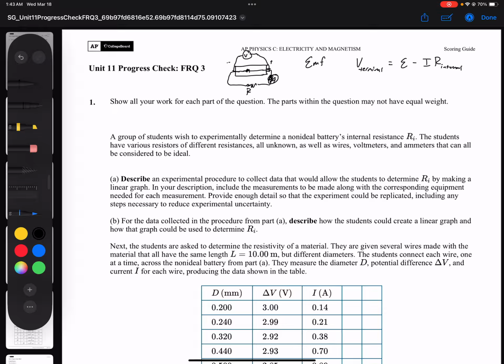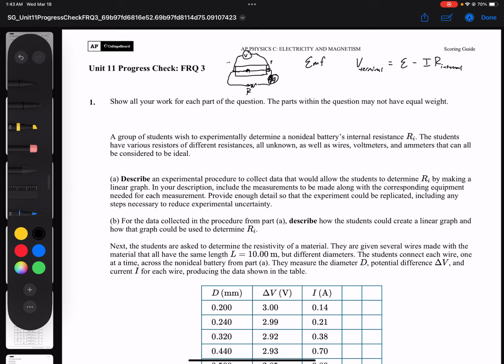They're then going to plot that data for various values. So the different resistances, the different loads across the battery are basically changing what the current through the battery is. So the current is going to be our independent variable, and the terminal voltage is going to be the dependent variable. So the terminal voltage depends on the load that's put across the battery.